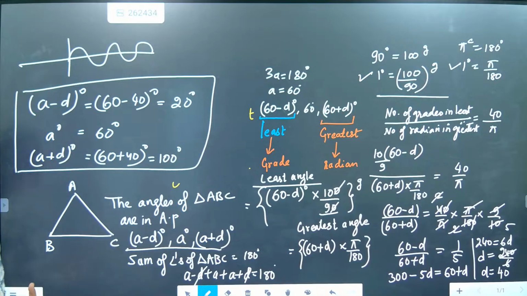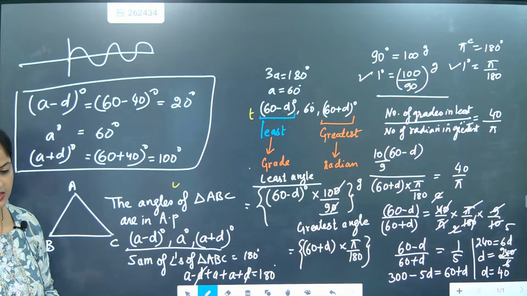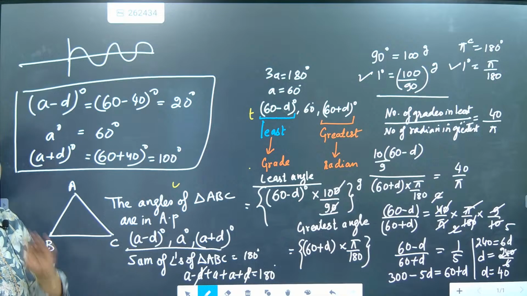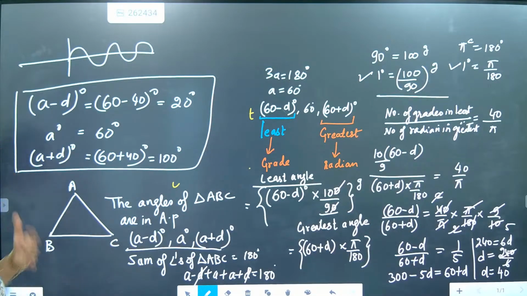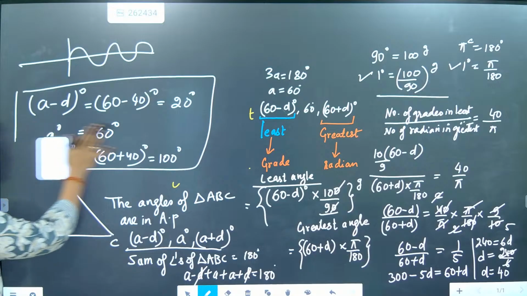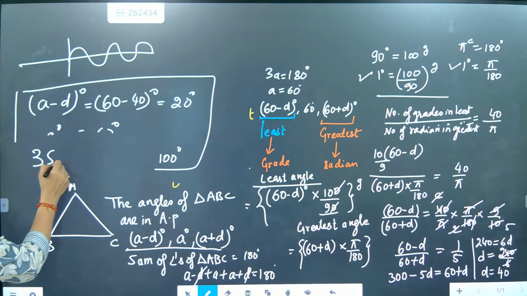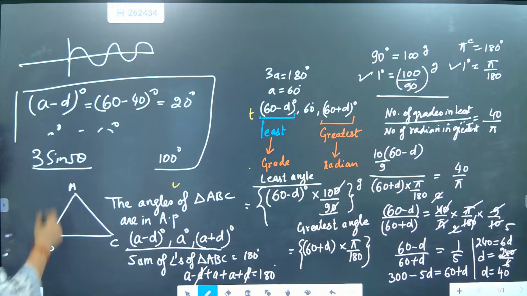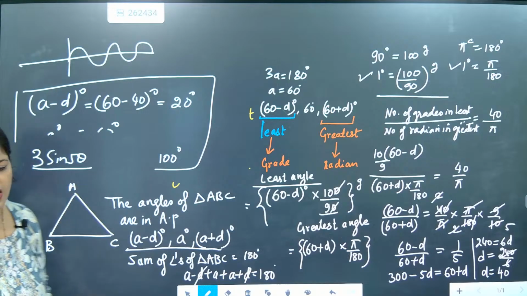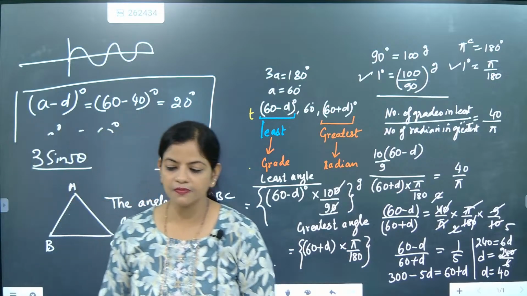CBSE will only deal with the introductory graph class. It is not going to go for the entire segment, but we will try to get answers of this also in next class, like 3 sine 5 theta. What is the shift of this curve and so on. So this we are going to study in the coming sections.